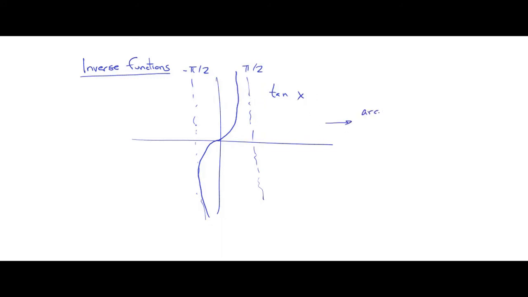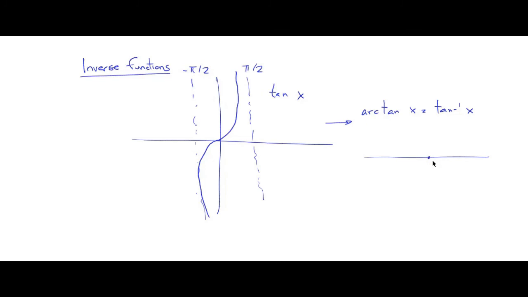Well, the arctangent, which is the inverse of the tangent, has as its domain the range of the tangent on this interval, which is the reals. This goes to minus infinity, this goes to plus infinity. So the domain is the reals.